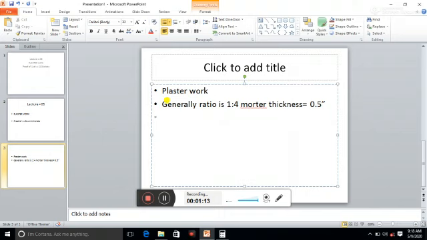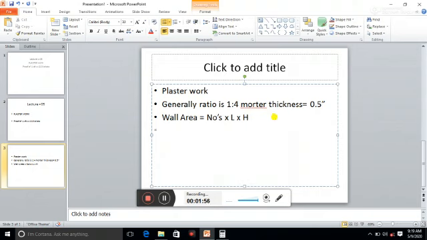For example, we have the formula: wall is equal to numbers multiplied by length multiplied by height multiplied by bulk. Okay, so we have the formula, numbers into length into height.